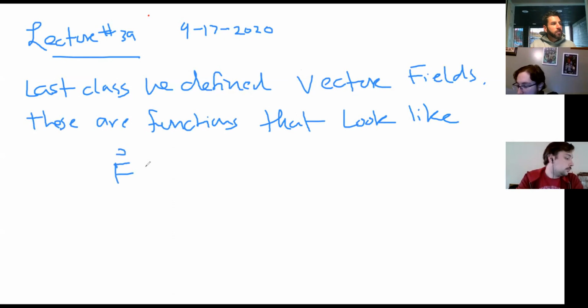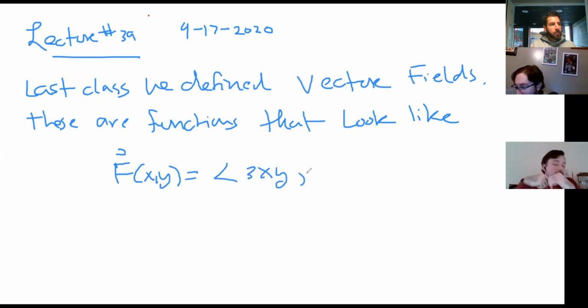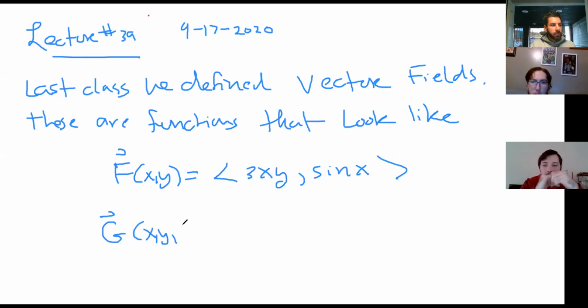F, it might have two inputs. And then we can even have one that takes in 3 and spits out 3.